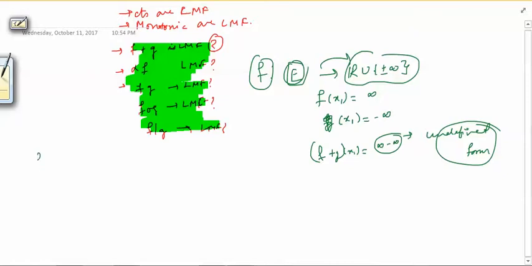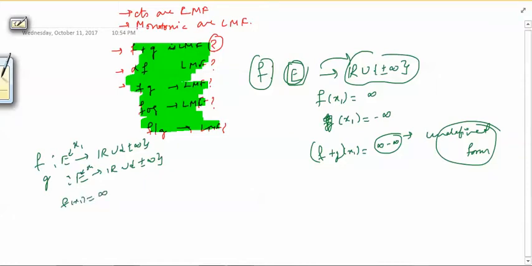You have two functions f and g both defined from E to the extended real line. Okay, then there may be a problem if at a certain point in E, say at x1, f is taking the value infinity or minus infinity, and g is taking the value infinity with opposite sign, right?